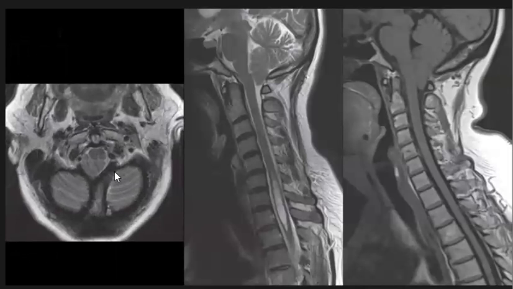Here we have patient with Chiari 1 malformation with syringomyelia.